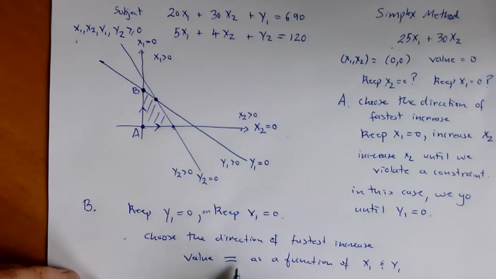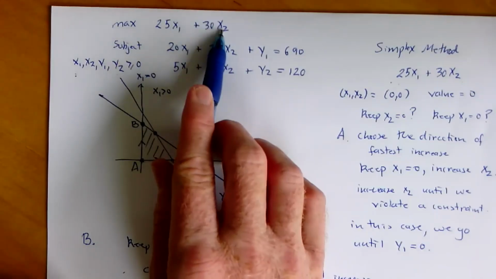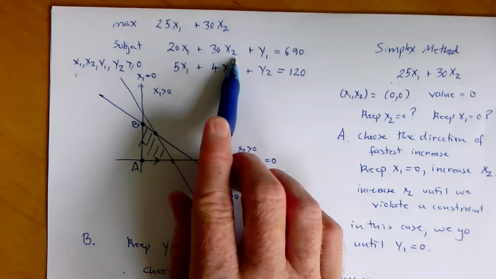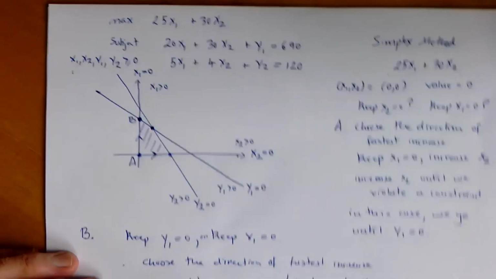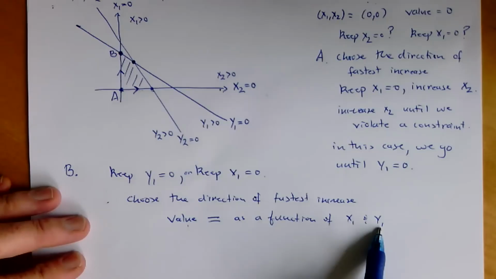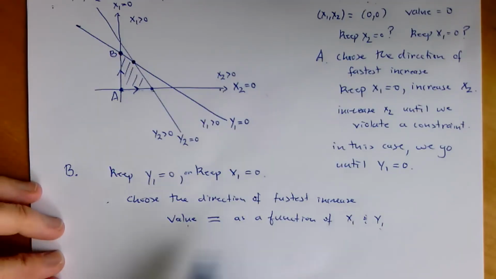That's why we take our initial expression, which was in terms of x1 and x2, and use one of the constraints to re-express x2 in terms of x1 and y1. I'm not going to do the details here, but that's why you're doing that. You're really making a variable transformation, and we did that quite a bit in linearity 1. We're transforming our coordinate system, if you like.